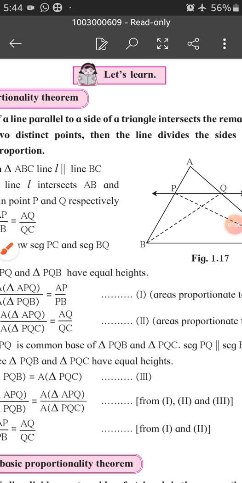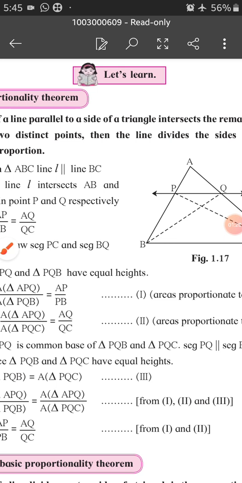Now it is given that a line is parallel to a side of a triangle. So we will select the side as BC and we'll draw a line parallel to BC. So if you observe the figure, you will find that line L is parallel to BC. So students, this line L intersects AB and AC at points P and Q respectively.